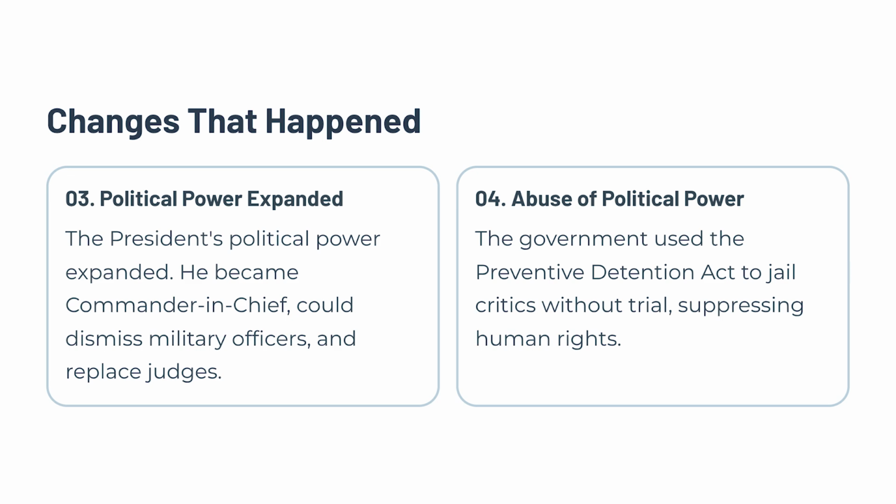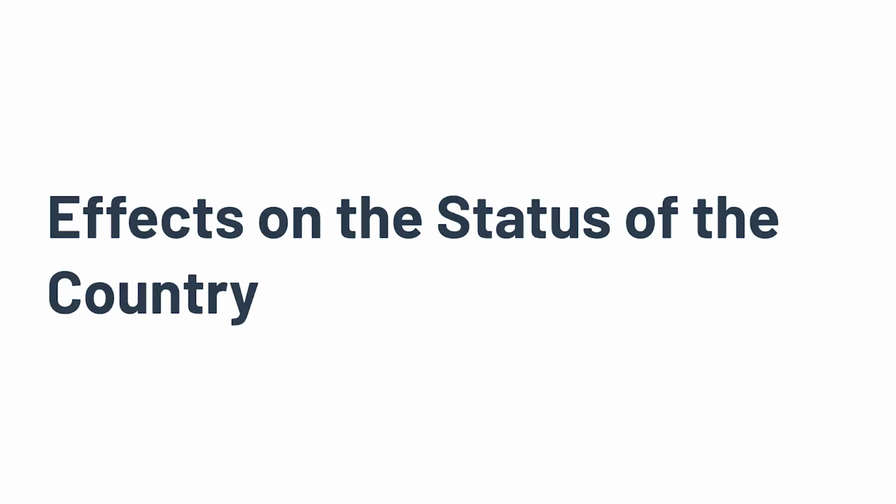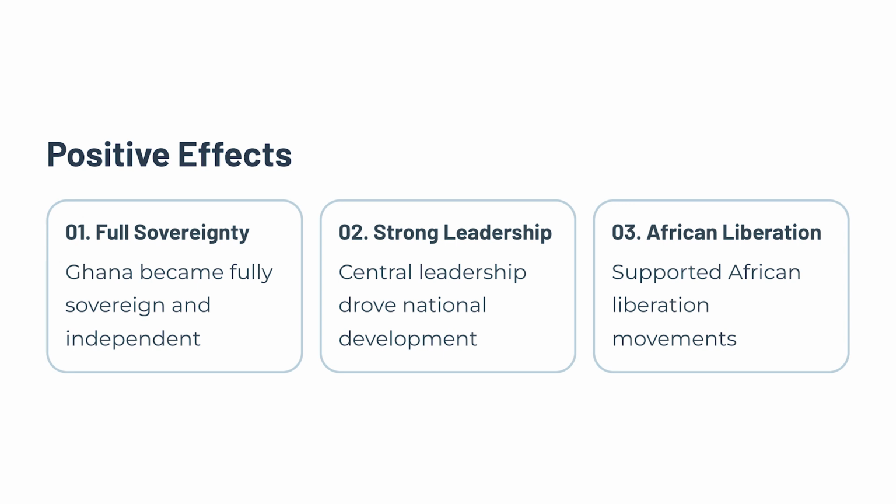So far, we've looked at the 1960 Constitution, features of the Constitution, and governmental changes that happened as a result of the Constitution. Now, let's look at the effects these changes had on Ghana as a nation. We will look at both the positive and negative effects, as well as some consequences of the Constitution. Let's go over the positives first.